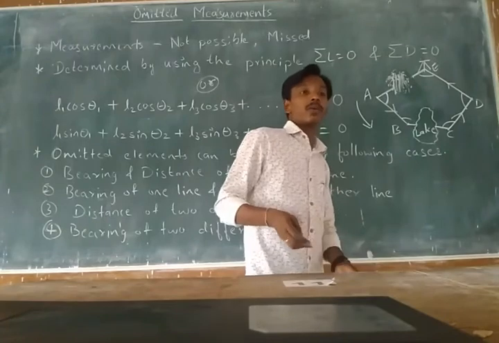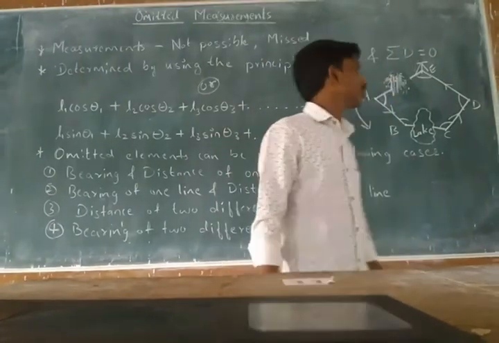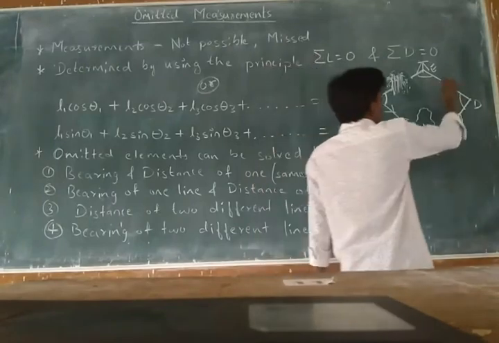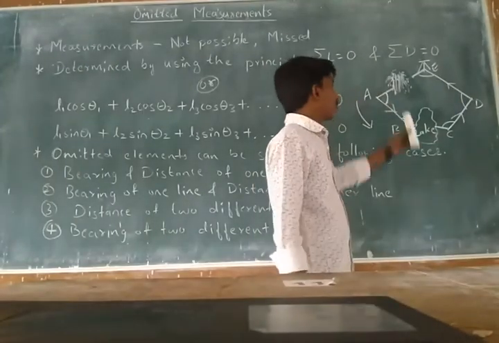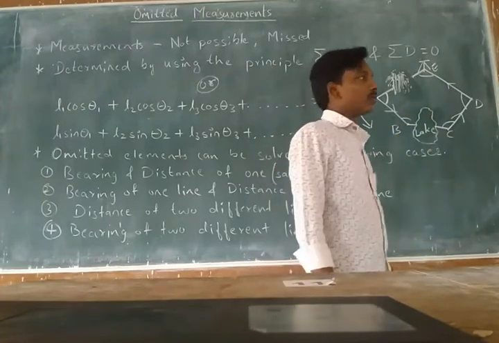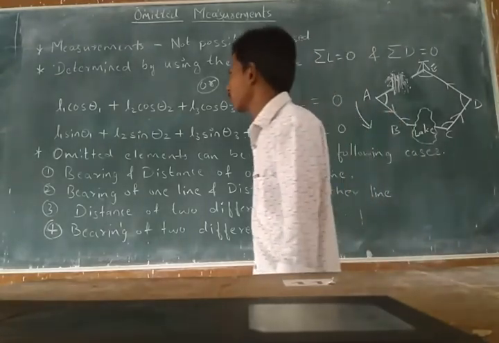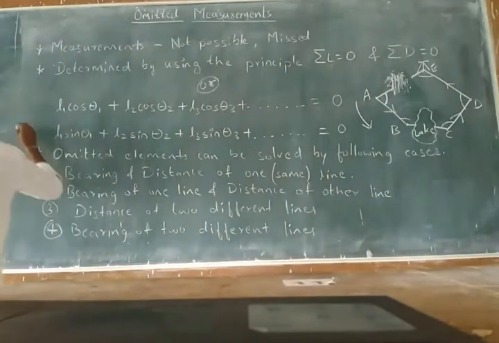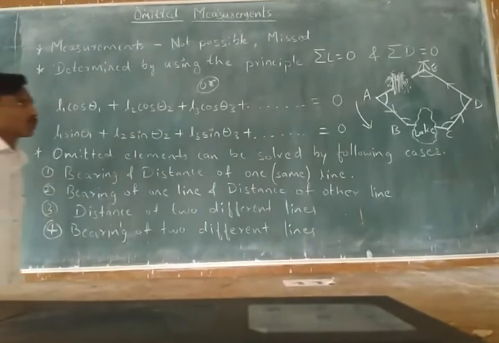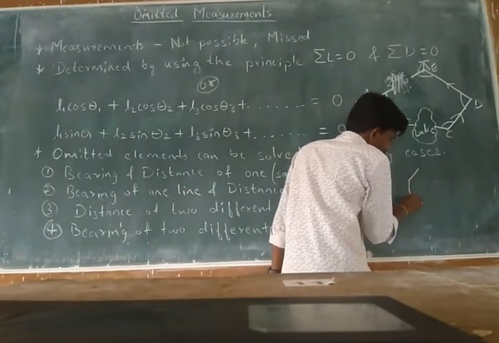Here there are only A, B, C, D, E, so only 5 traverse sides. This is a small traverse. Sometimes in the field there will be a large traverse, a very huge one, like here. This might be very large.